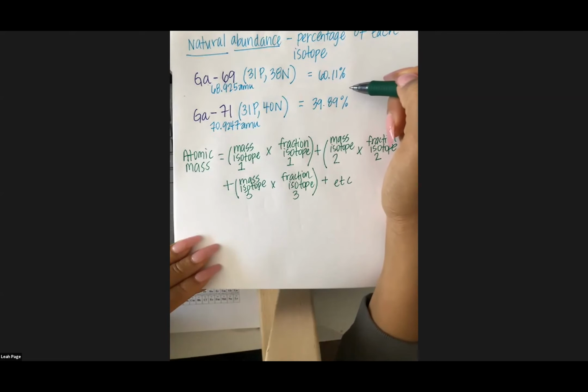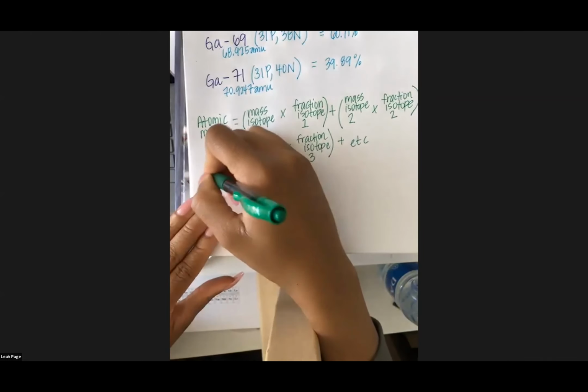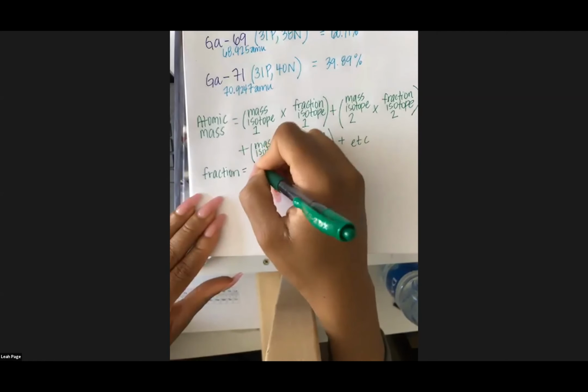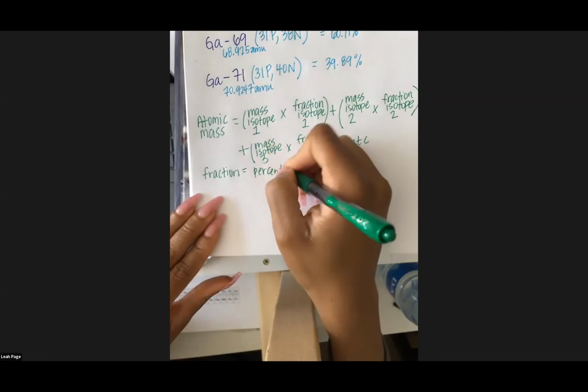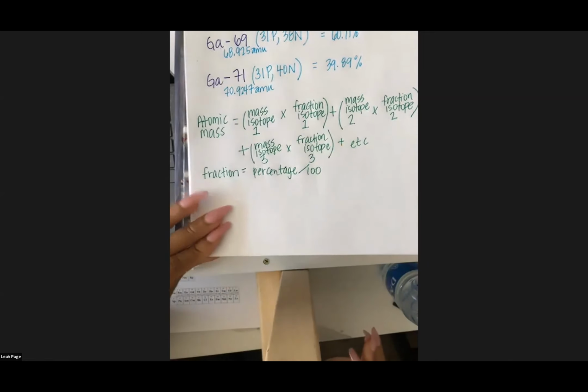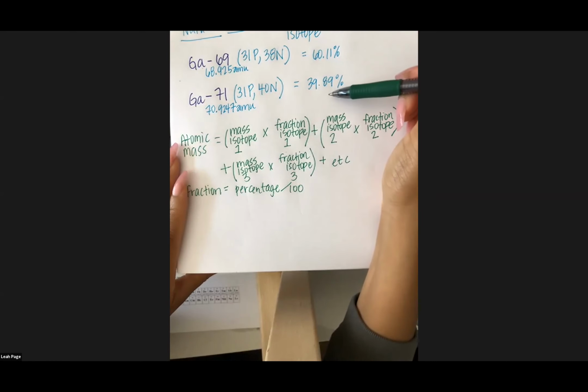Do you guys remember how to change percentages into a fraction? Divided by 100. Just divide it by 100. Perfect. Thanks, Pawan. So the fraction is just equal to your percentage divided by 100. And remember, your percentages should all add up to what, guys?